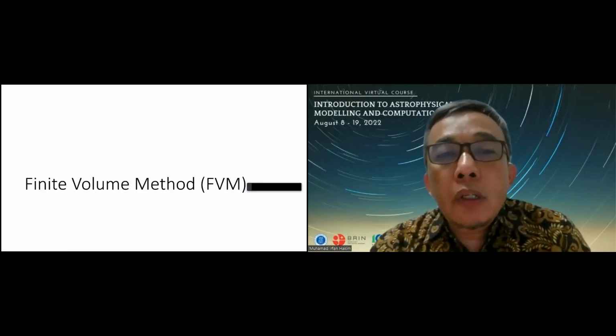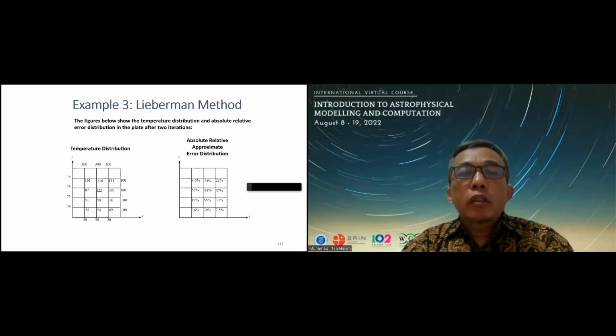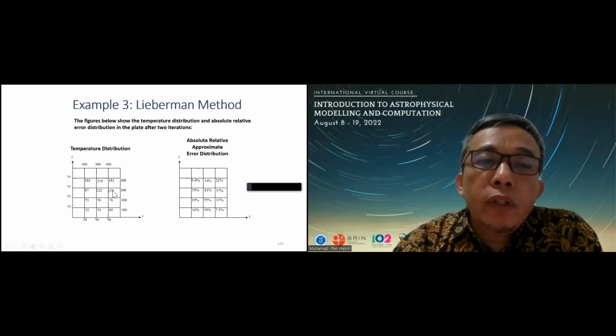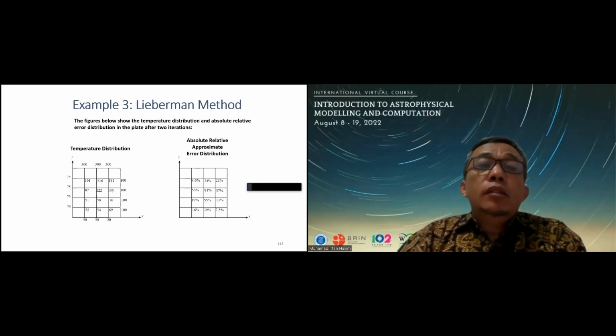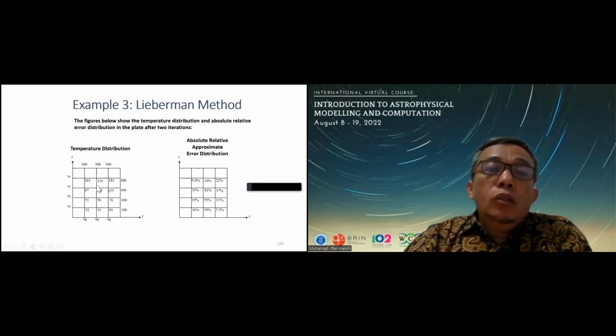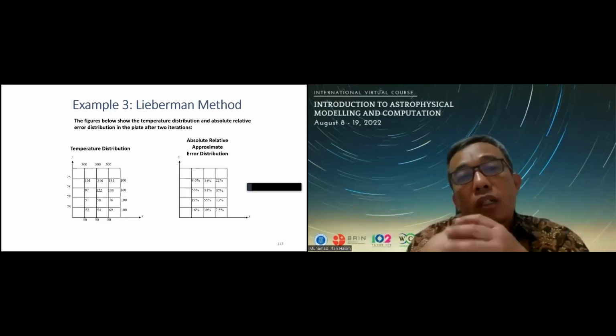But before we discuss this method, imagine that you have this two-dimensional internal node or mesh structure here, which becomes bigger and bigger.